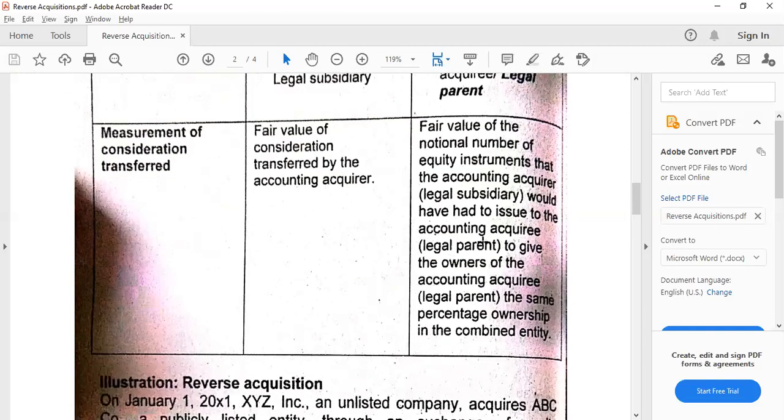That is the legal parent, and this is the public entity, to give the owners of the accounting acquiree, the public entity, the same, again, legal parent, the same percentage ownership in the combined entity.